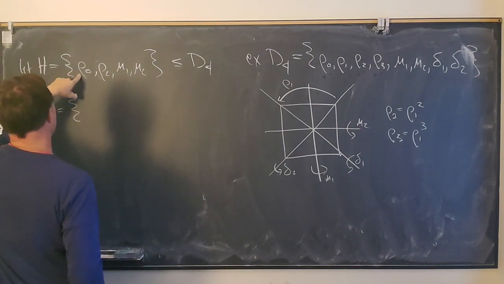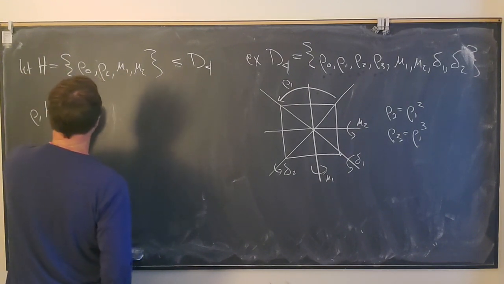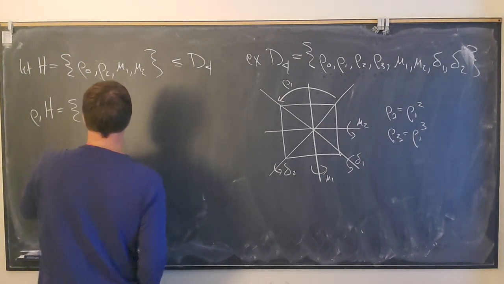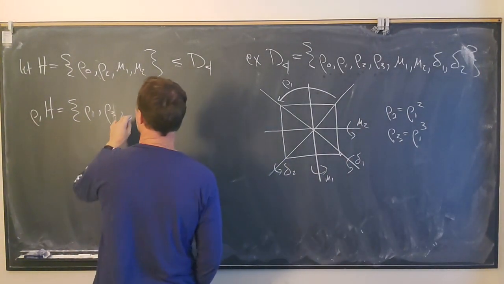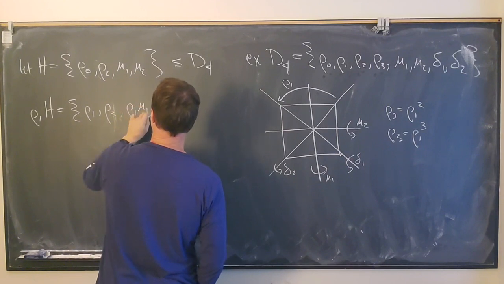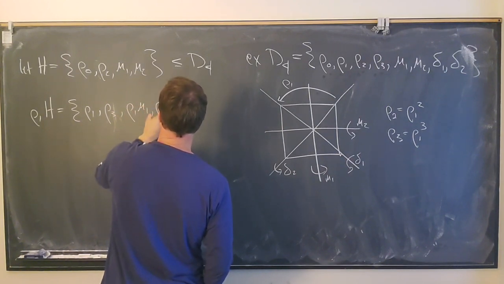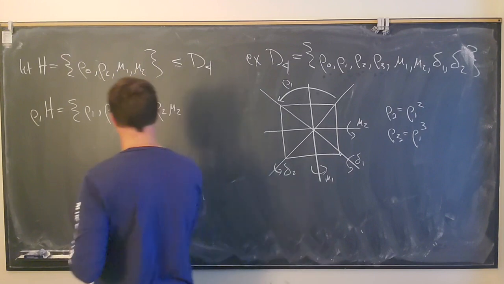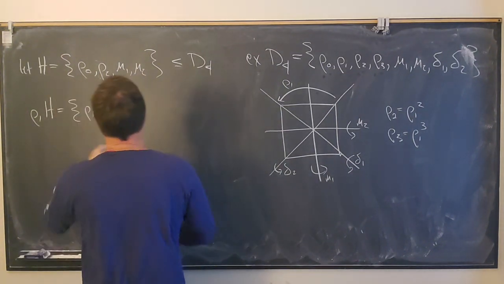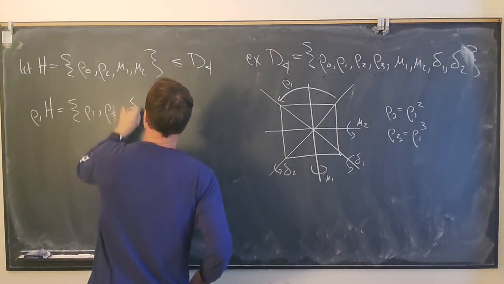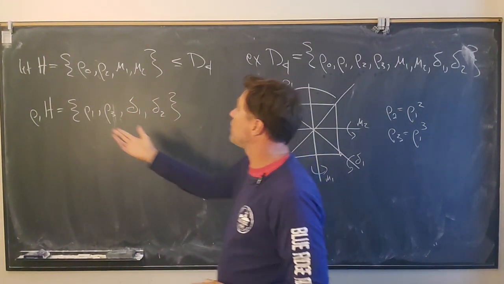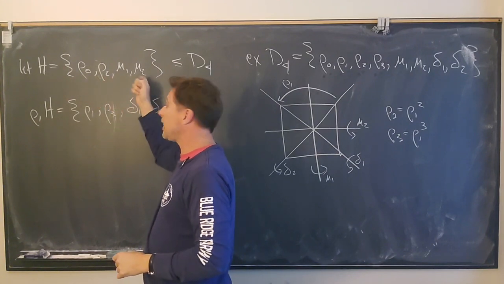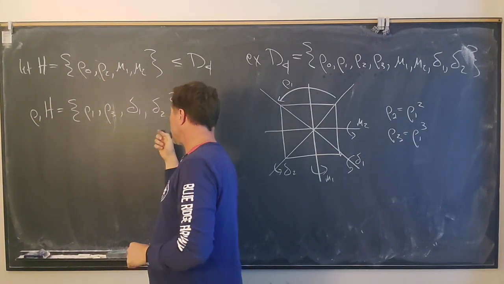And so first, if I do rho 1 times rho 0, we get rho 1. Rho 1 times rho 2, that's going to be rho 3. Rho 1 times mu1 gives me delta 1, and then I also get delta 2. All right, so you can check. As you multiply each of these elements in order by rho 1, you will get each of these elements in order.